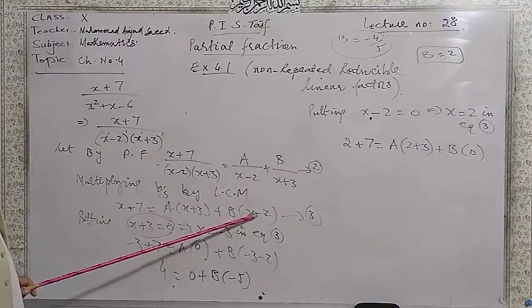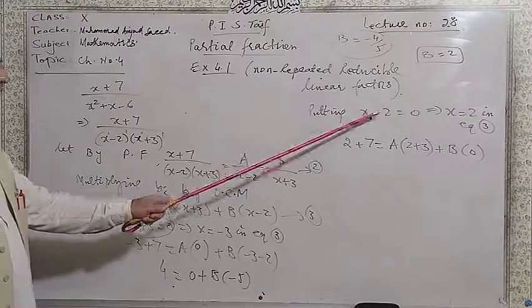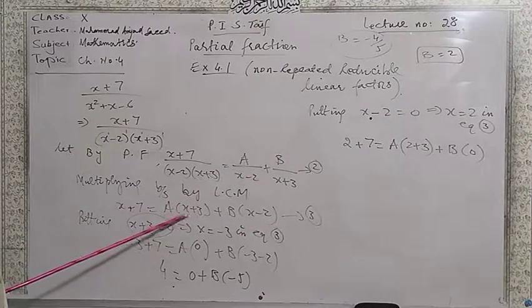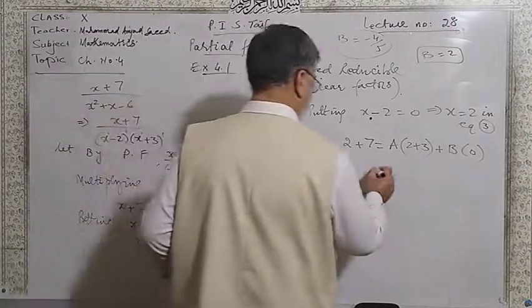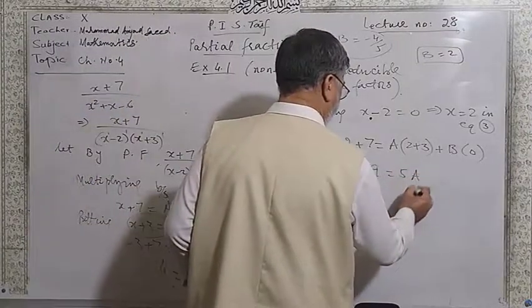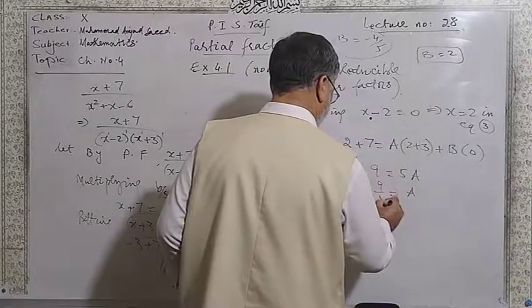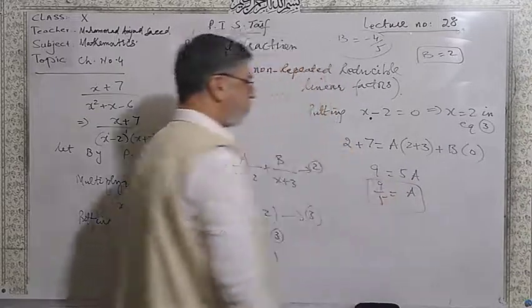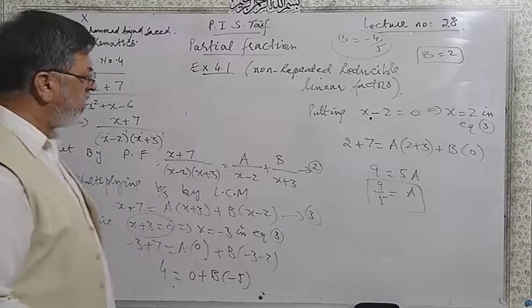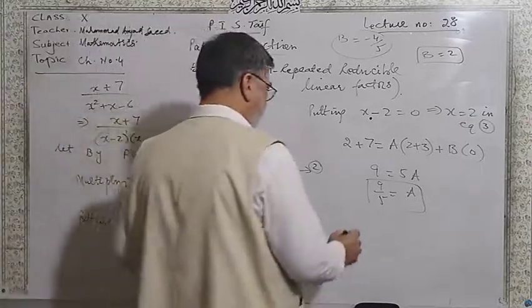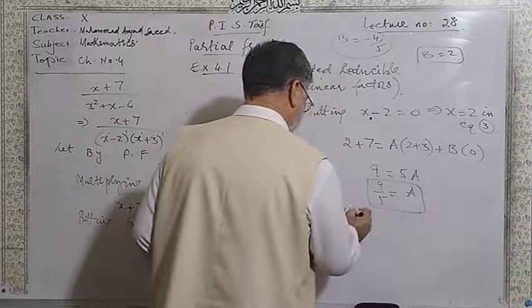We have used x minus 2 directly equal to 0 here, and in a, we have 2 plus 3. That is 9 is equal to 5a and a is equal to 9 over 5. Dear students, we have values of a and b.